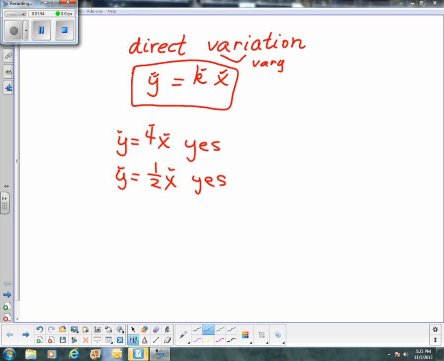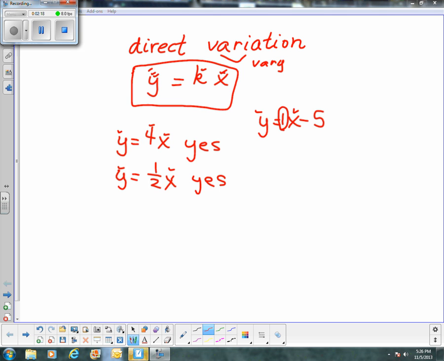How about y equals x minus 5? Now in this equation, we have a y, and we have an x, and we have a k. There's no value in front of x, so that automatically means 1.